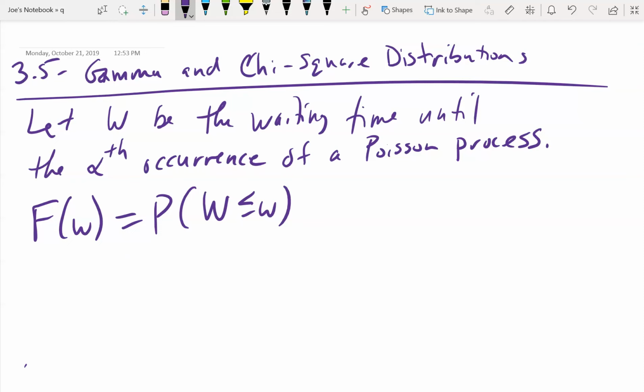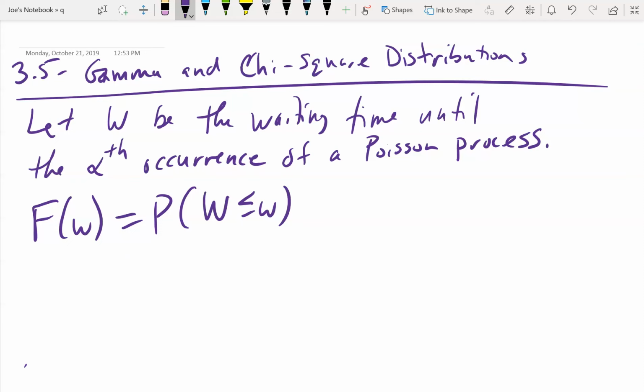I don't necessarily know the definition of the PDF for some distribution that I haven't dealt with before. But I know how a CDF is defined, so I can start there and work my way to the PDF by taking a derivative at the end. Okay? So W is counting waiting time until the alpha-th occurrence.